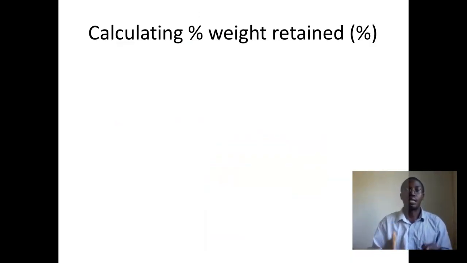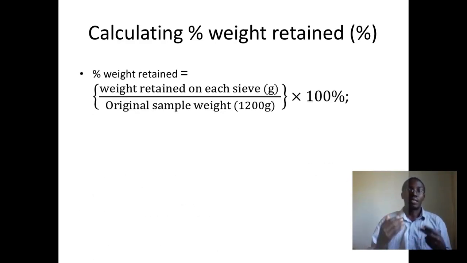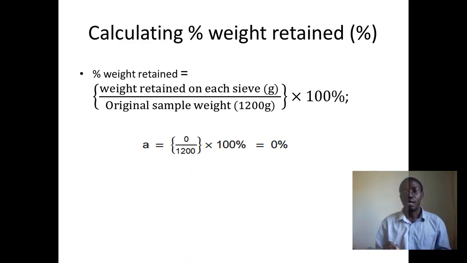Calculating percentage weight retained in percentages. Percentage weight retained is equal to weight retained on each sieve in grams divided by original sample weight, that is 1,200 grams, times 100%. Now for A is equal to what was retained on our sieve 10 is 0, divided by 1,200 times 100%, which is 0%.